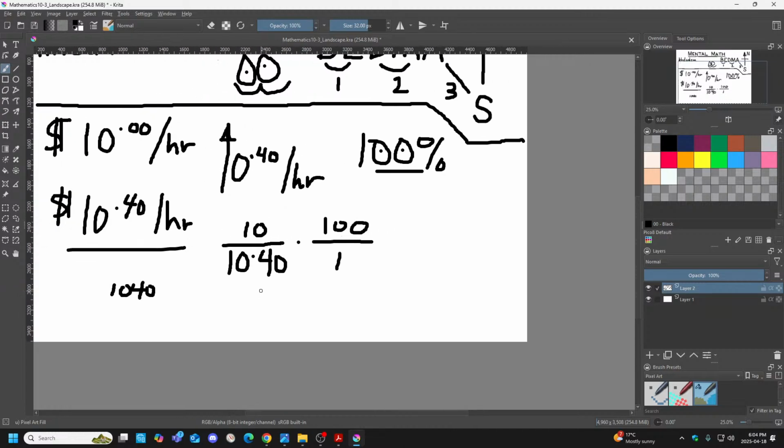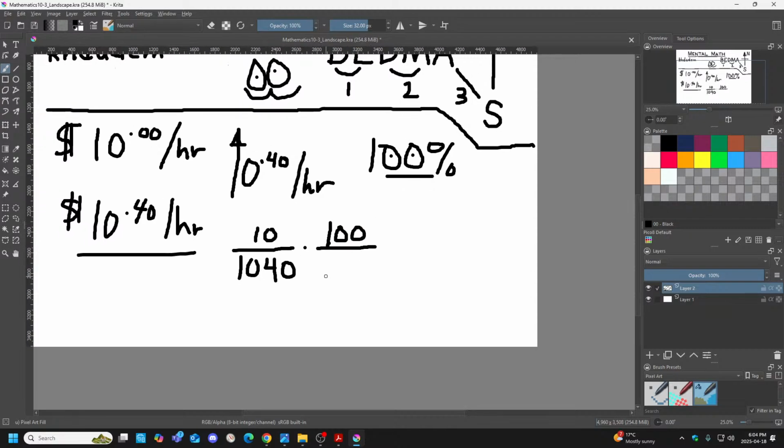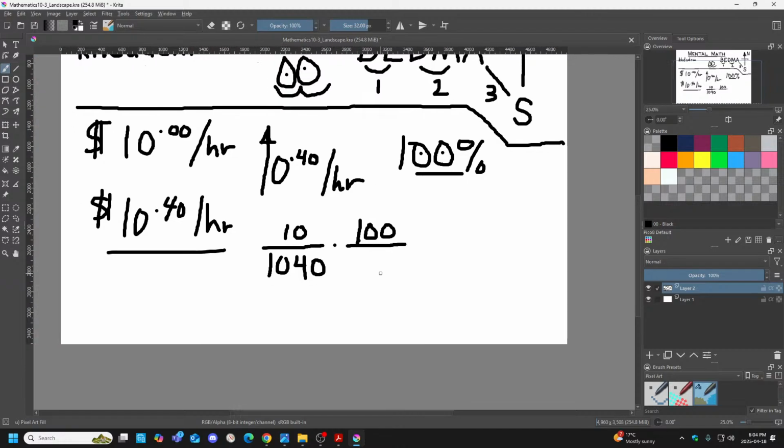So with that said, let me go like this. I keep going equals because I'm used to doing that. So we're multiplying by 100. We actually have to divide, right? It's a ratio kind of. Let's see if I'm going about this the right way.